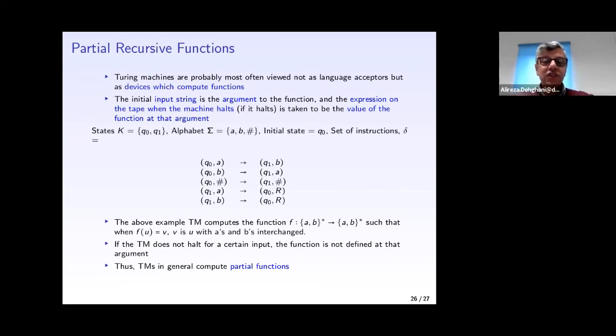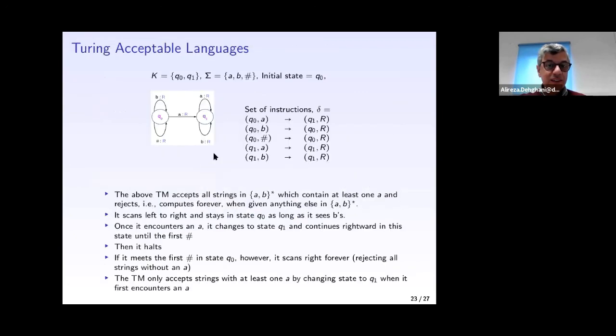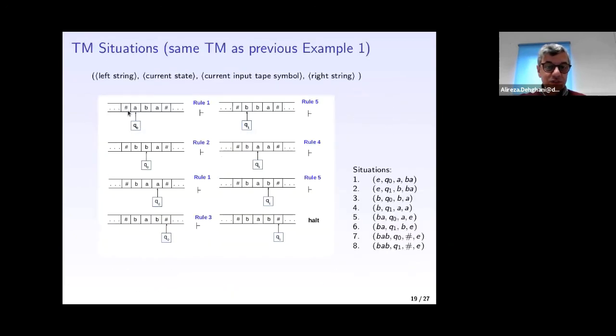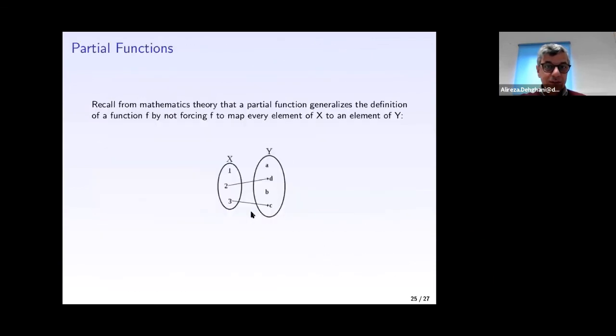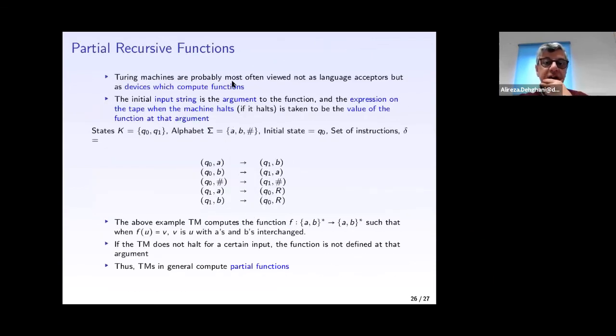The initial input string is the argument to the function, and the expression on the tape when the machine halts is the value of the function. I said that exactly: if you start from here, that's the input of the function, and if you finish here, that could be the output. That's the reason we say the machine can compute a function.